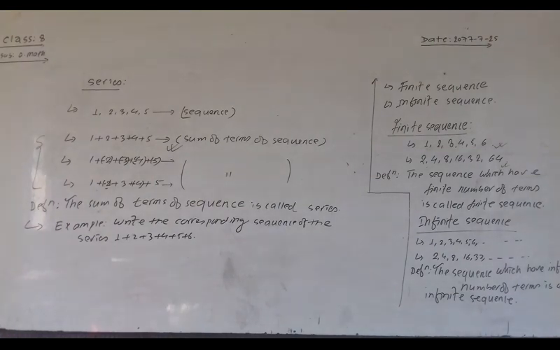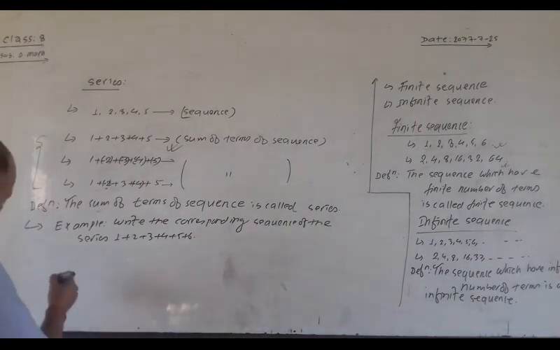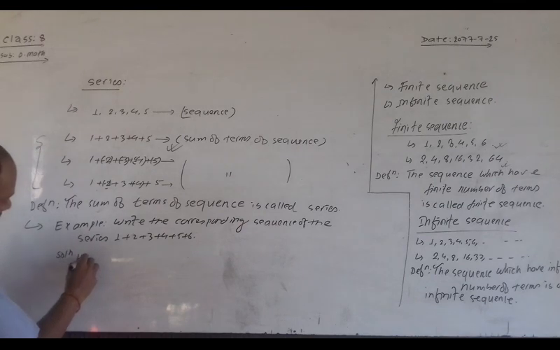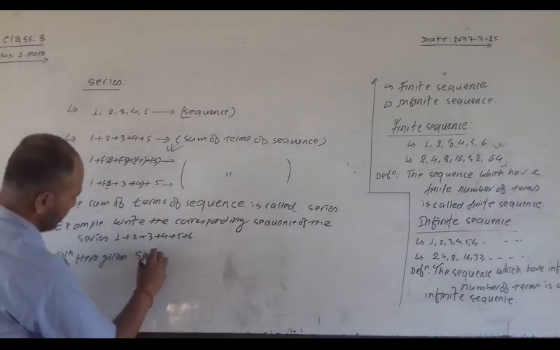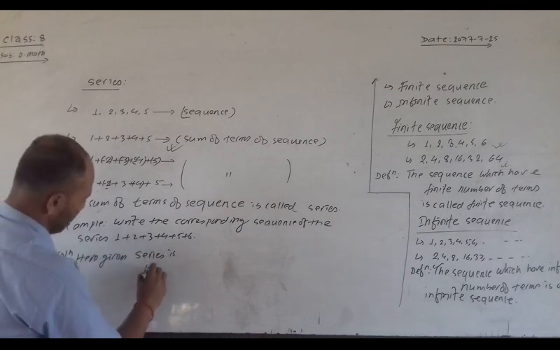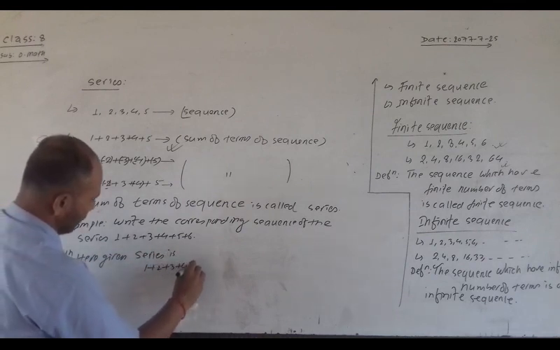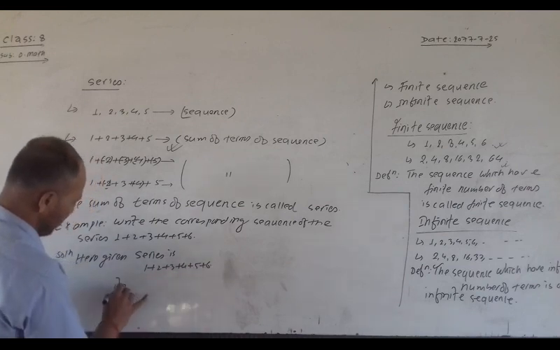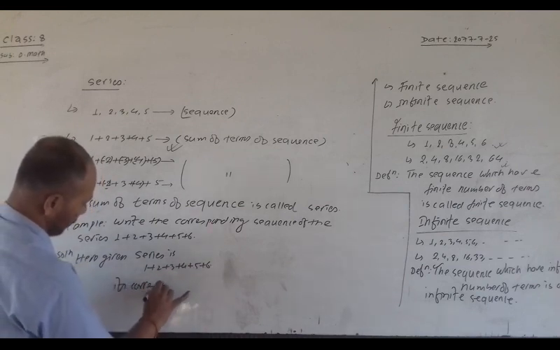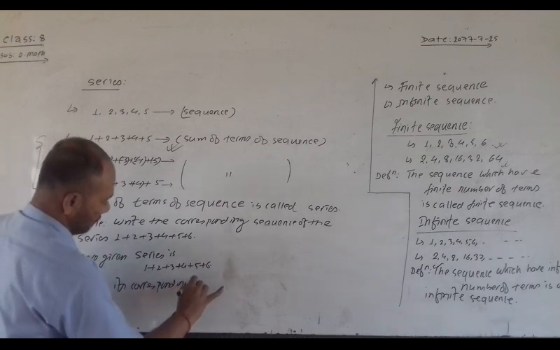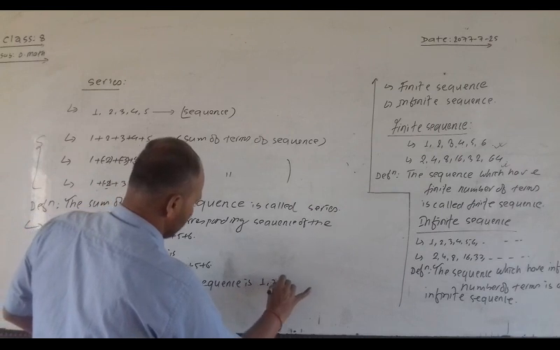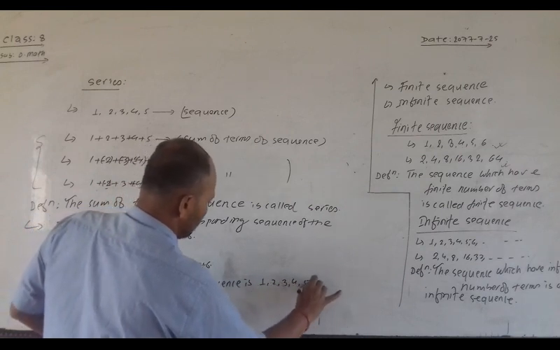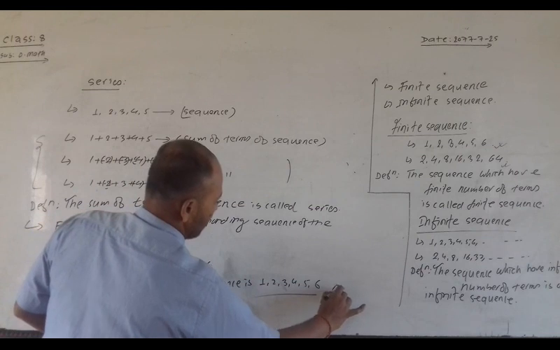These types of question are generally asked in group A. Write down. Now see the solution. Here the given series is 1 plus 2 plus 3 plus 4 plus 5 plus 6, and the corresponding sequence is 1, 2, 3, 4, 5, 6. This is the required answer.